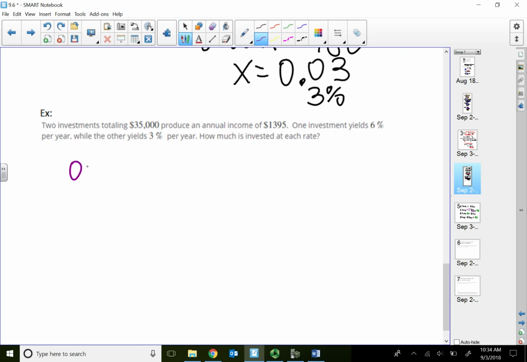So I got one investment, and I got the other investment. So this problem already told me the rate of that one investment is 6%, the other is 3%. So what about the investment for each account?